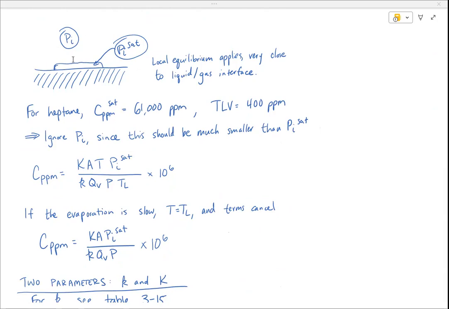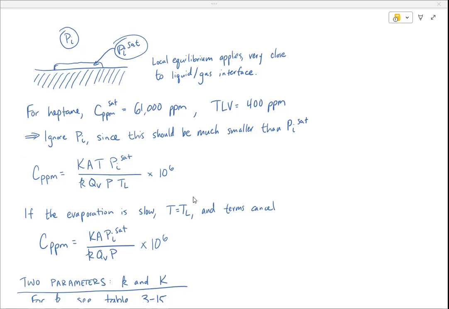So we assume that very close to the spill we have equilibrium, and further beyond that, it's less than equilibrium. Looking at a quick example for heptane, the concentration of saturation is 61,000 ppm, but the TLV is 400. This points out that Pi is usually much, much less than Psat, so we'll ignore that in our calculations.